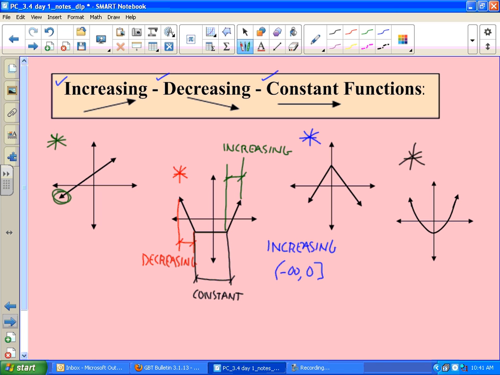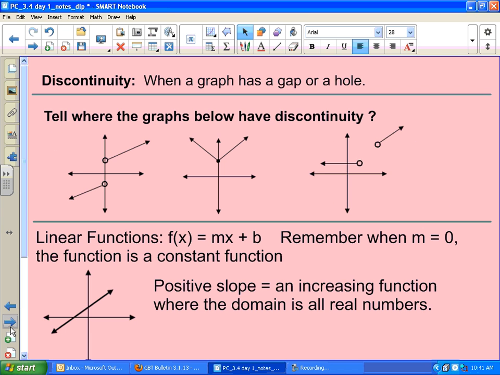From where to where? The left side down to the 7. Good. From the left side of the parabola down to the vertex, I'm walking down the hill. And then from the vertex to the right side, I'm walking up the hill. So again, this one's like an absolute value. It's just not linear. You can have functions that aren't linear and still talk about where they're increasing and where they're decreasing.